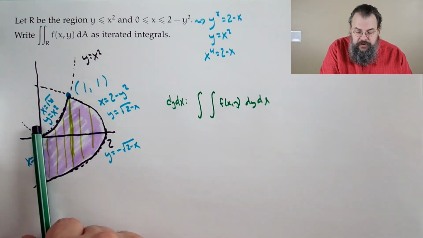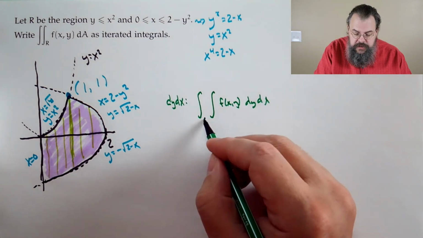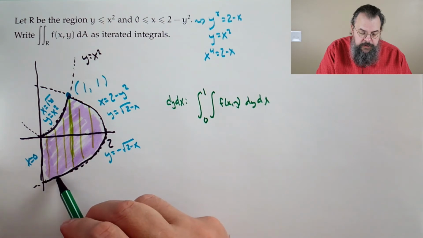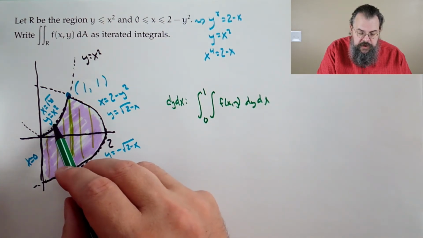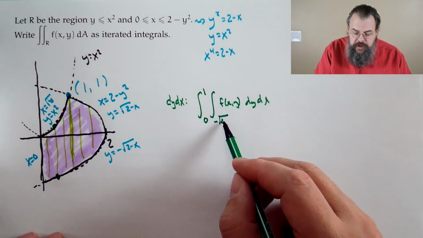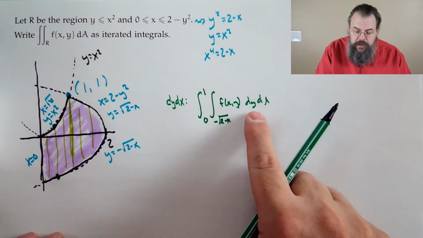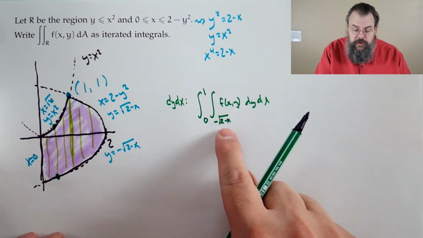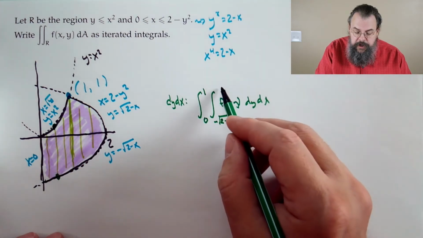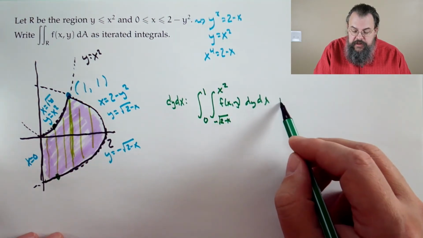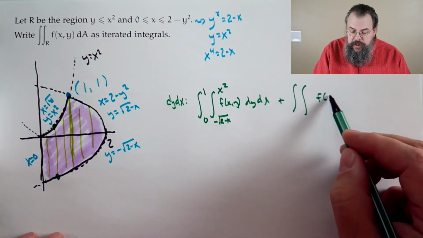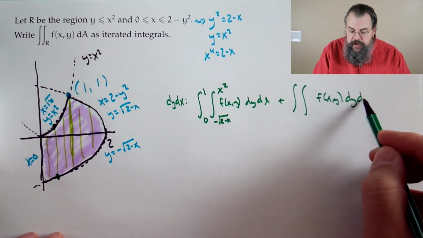So we start at 0, go to 1, and then we go from the bottom to the top. The bottom curve is minus root 2 minus x, because we're thinking of this as y equals, so that's why it's minus square root 2 minus x. Top is x squared. Add to that integral, integral, f of xy dy dx.